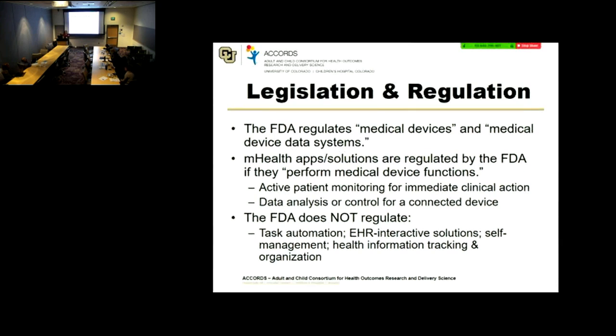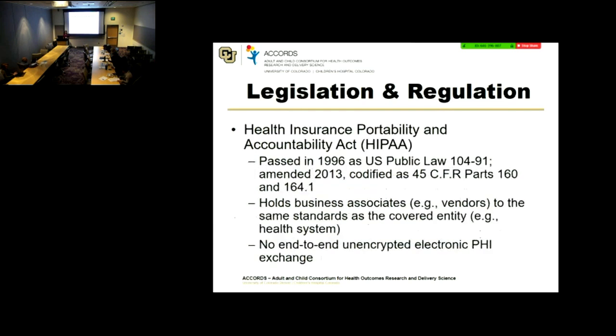That's handled by the EHR vendors and their standards. They don't want to regulate anything that has to do with self-management, information tracking and organization. So when you're thinking about your solutions and whether or not the FDA needs to be involved, these are all key.